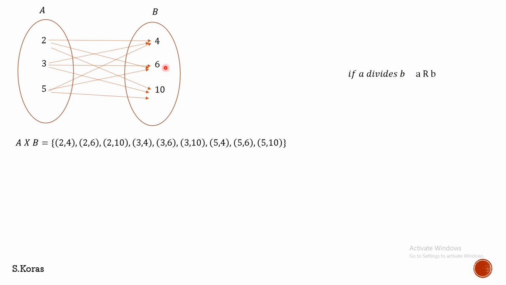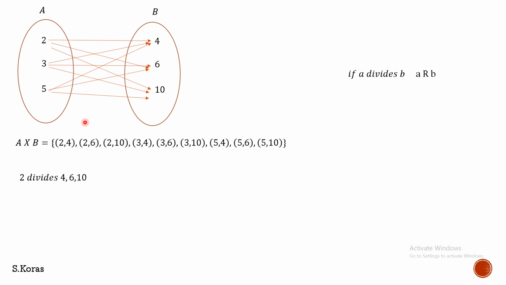And we are going to select the elements which obey this rule. If you see, 2 divides 4 and 2 divides 6, moreover 2 divides 10. So we can use 2, 4, 2, 6 and 2, 10 for our relation. These 3 can be taken to our relation.